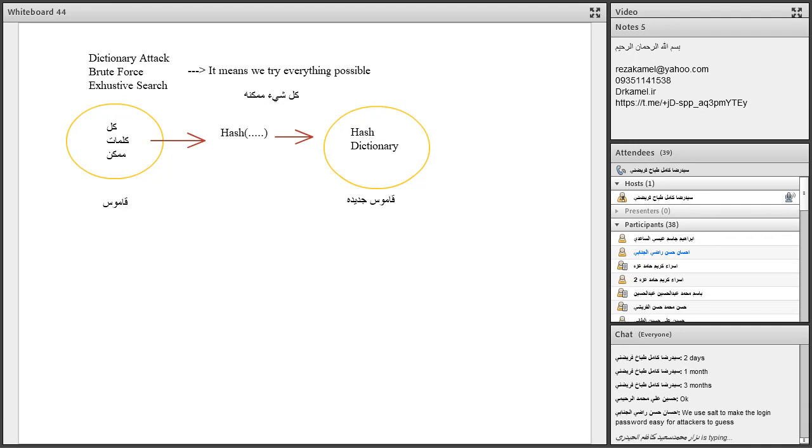Anyhow, we take the قاموس جديدة, which is the hash dictionary, and then we compare this hash dictionary with the system's password file.